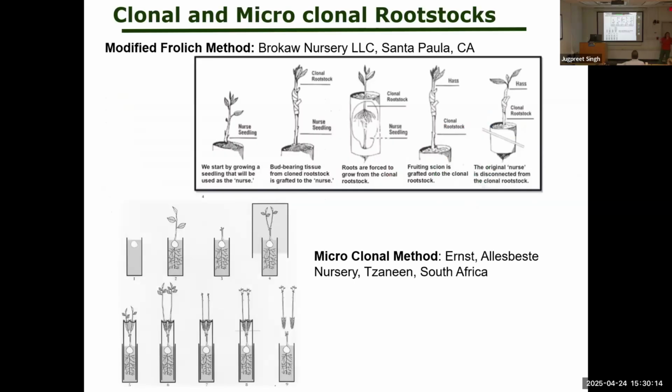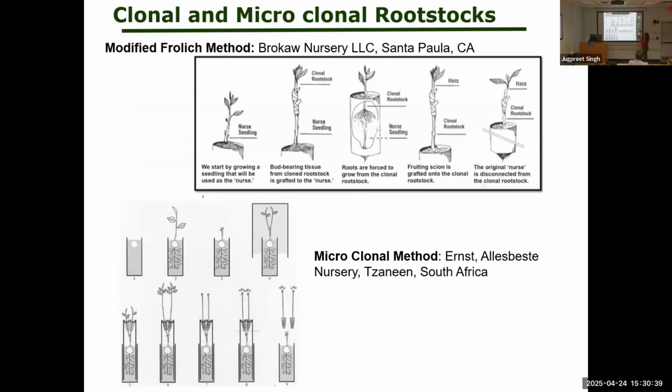What's the problem with the clonals? It's time consuming to make those trees. That one is very expensive. So Brokaw, for example, uses a method which is called Frolich. I can go through the whole process, but in general, you graft the rootstock onto the nurse seed. And then when you root the rootstock, you graft the scion.